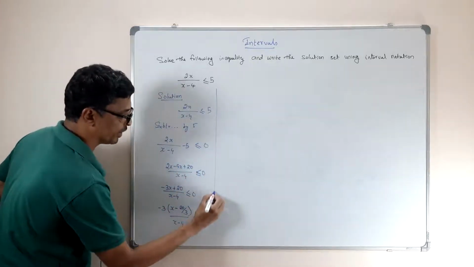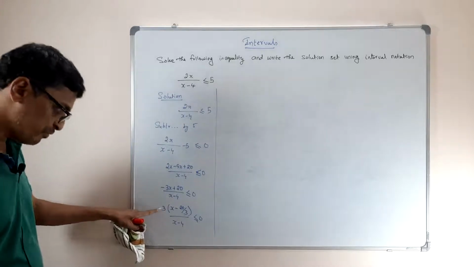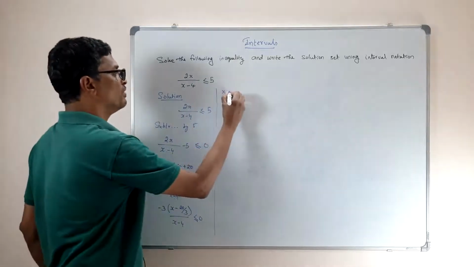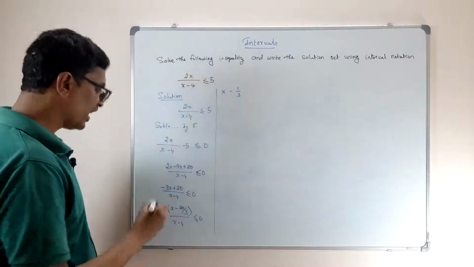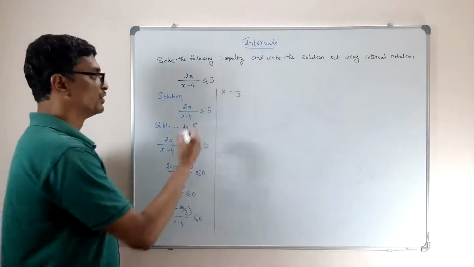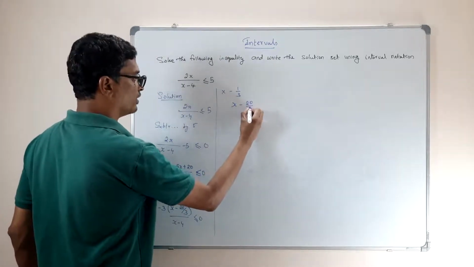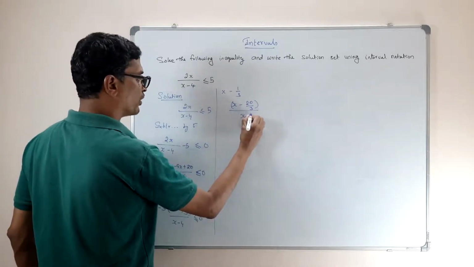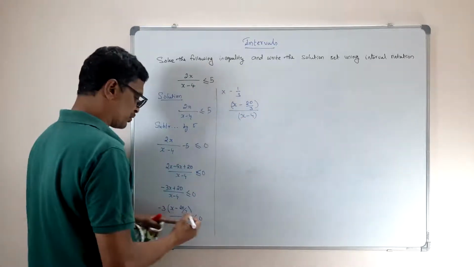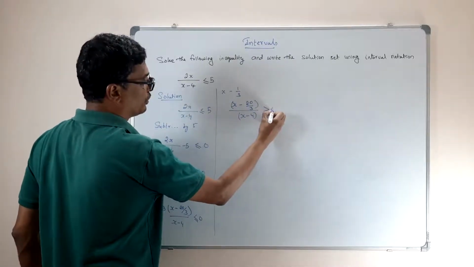Now tell me, we have to multiply by minus 1 by 3 on both sides, so the sign is going to reverse. So we are going to have x minus 20 by 3 divided by x minus 4, and 0 into anything is going to be 0, so greater than or equal to 0.